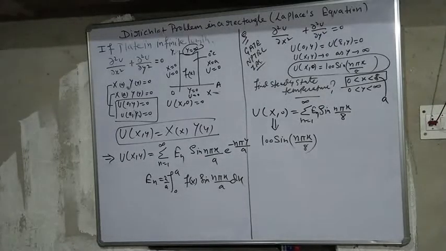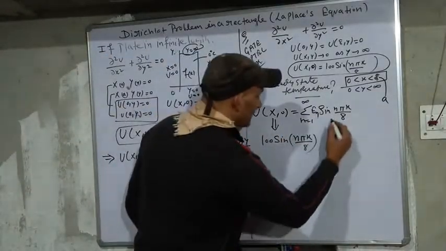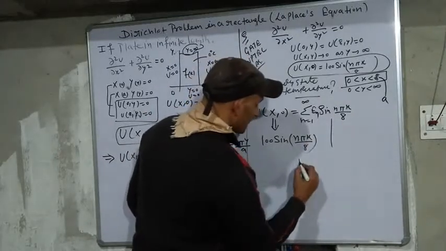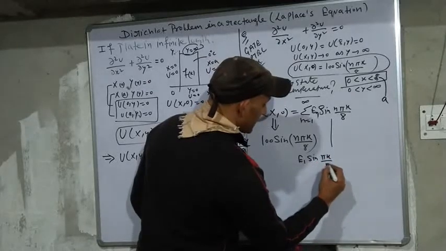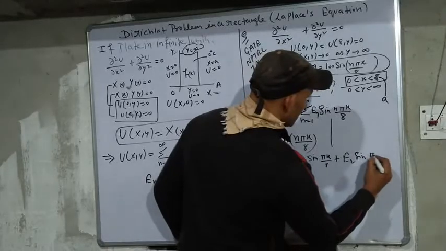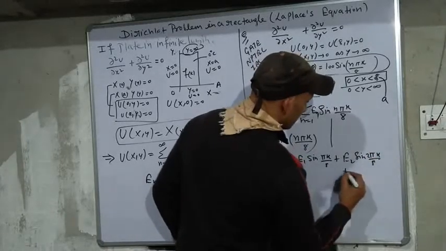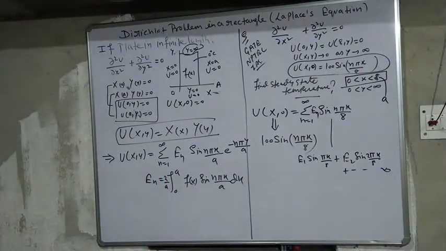If we put n equal to 0, 1, 2, 3, 4 in this condition, what value will you get? Suppose I take n equal to 1: E1 sine(pi x upon 8) plus E2 sine(2 pi x upon 8) plus up to infinity. We are getting many values. So what will be the answer? This is the problem.